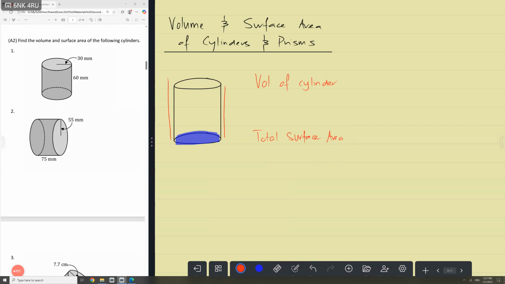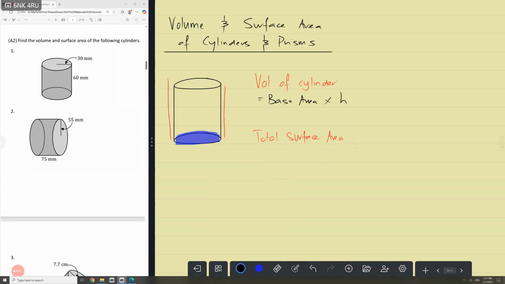To find the volume of our cylinder, it is basically taking the base area. Let me write this down. It's the base area multiplied by height.